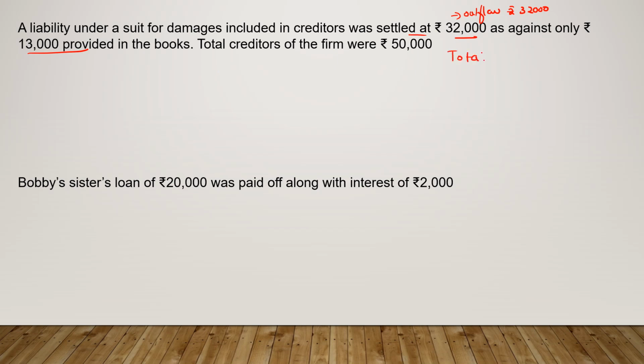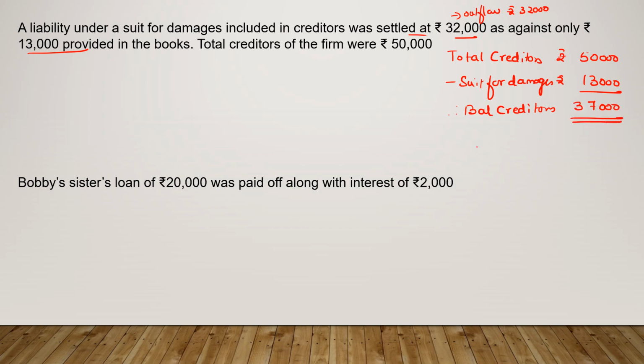So if the total creditors is rupees 50,000, out of that what is related to the suit for damages which was provided in the books was 13,000. So therefore the balance creditors would be 37,000.